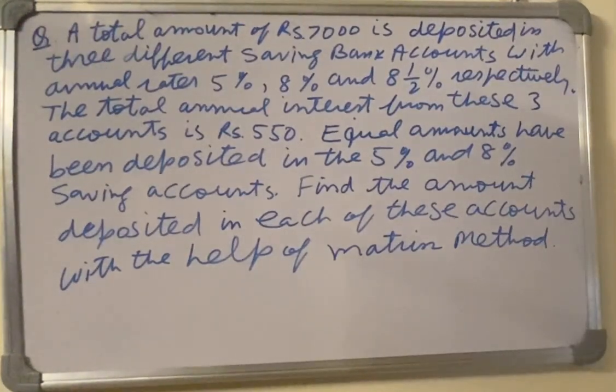Equal amounts have been deposited in the 5% and 8% saving accounts. Find the amount deposited in each of these accounts with the help of matrix method.